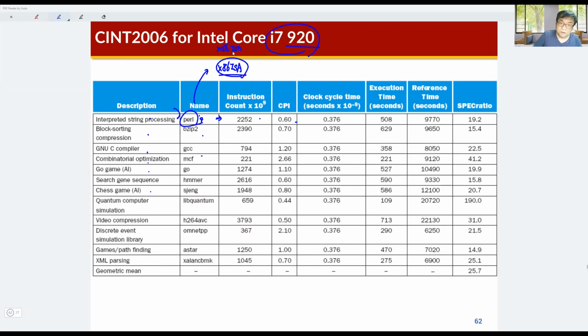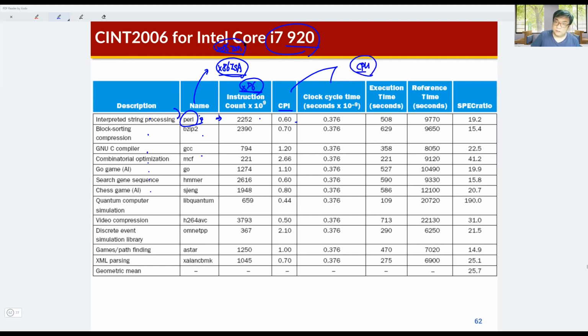If the benchmark is compiled, then instructions are generated from the high-level language source code. This is the instruction count compiled by the x86 compiler, and as I mentioned, the CPI and the clock cycle time are unique characteristics of the CPU.